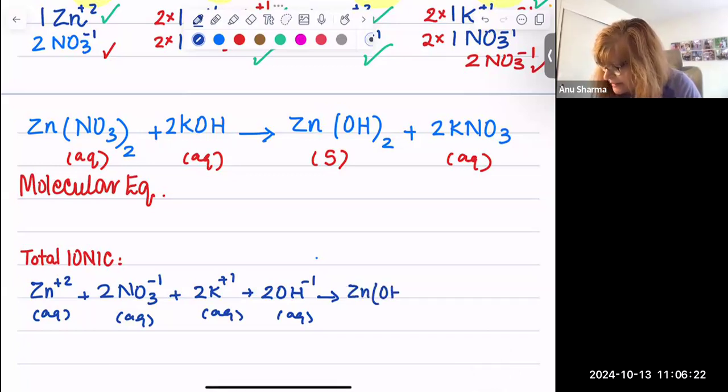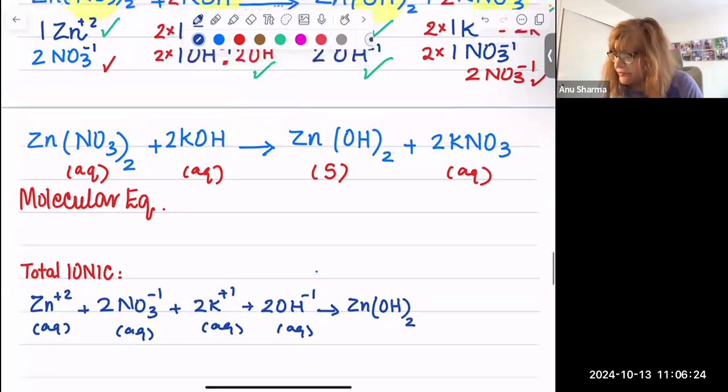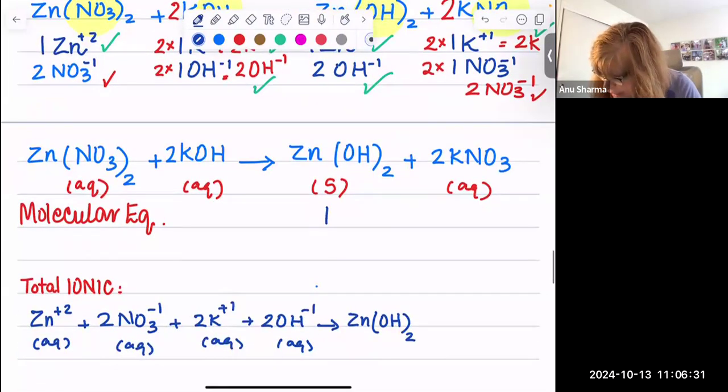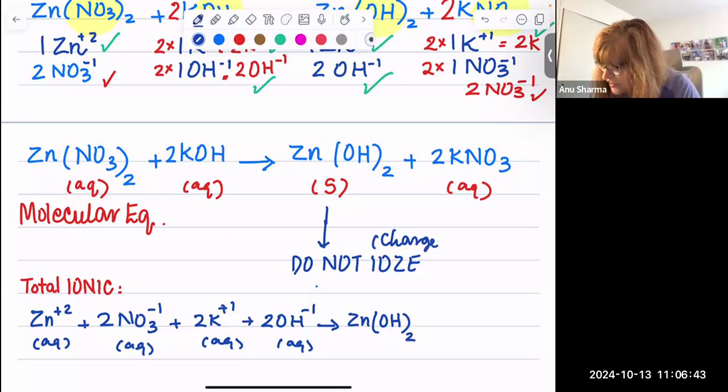For the sake of balancing, right, it was okay to charge it, but you know, these will not charge when it's solid. So when you write down the total ionic equation, do not charge. Do not ionize or charge. Ionize means charge the solids, the one that is solid.